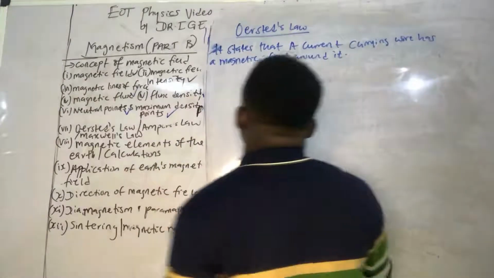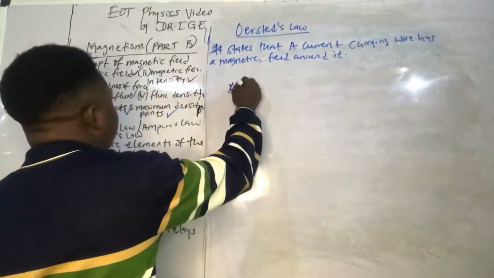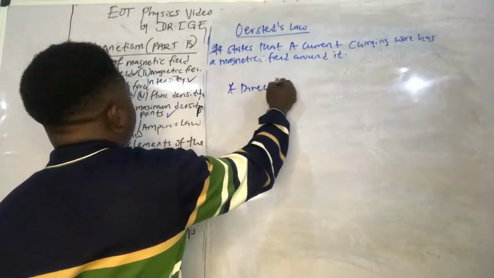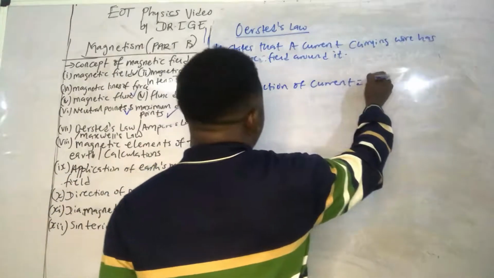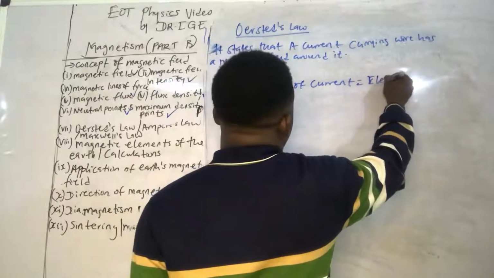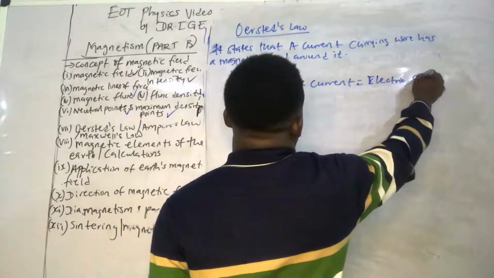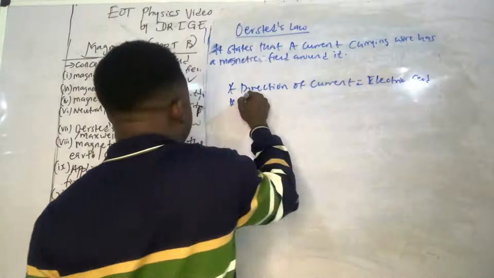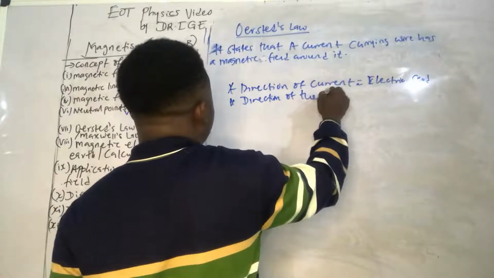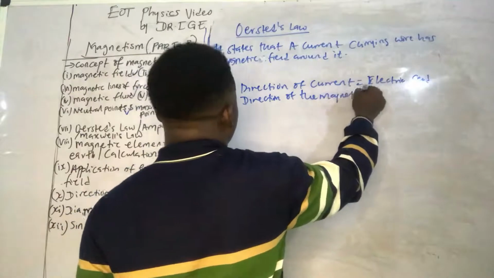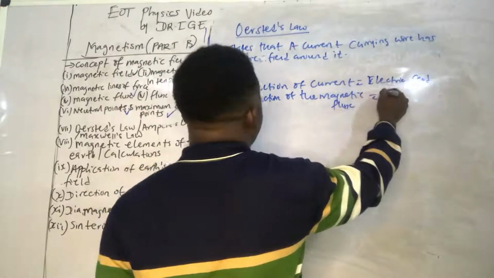So for a current carrying wire, we have the direction of current, which points towards the direction of what? The electric field. They also have the direction of the magnetic flux, which points to the direction of what?